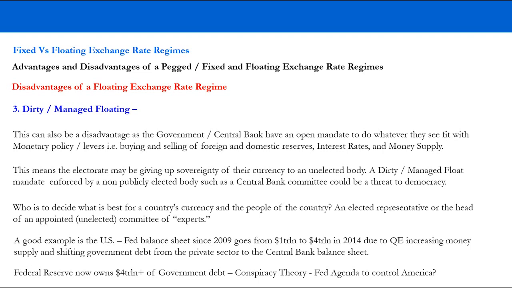So this whole idea of floating exchange rate regimes providing an advantage of flexibility for central authorities to intervene, this could also potentially be a huge disadvantage in terms of sovereignty in overall society.